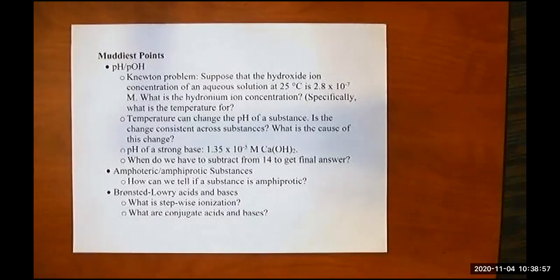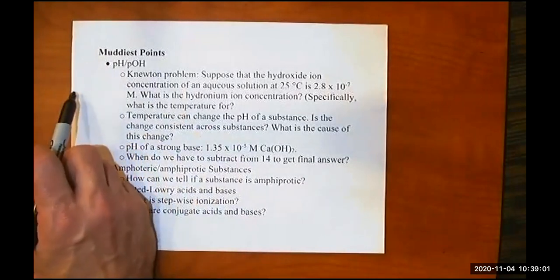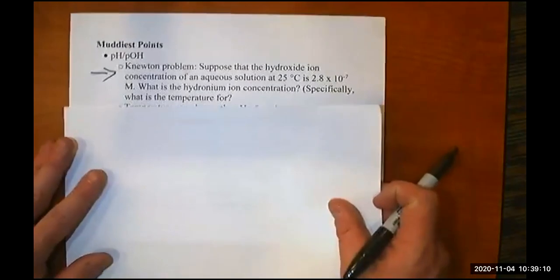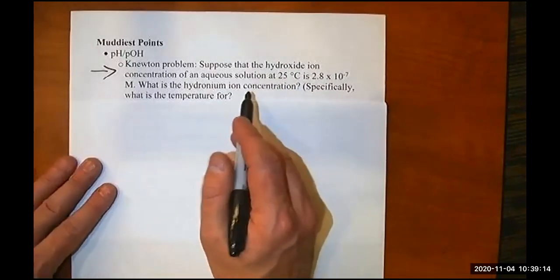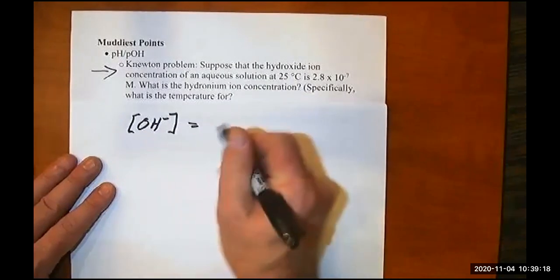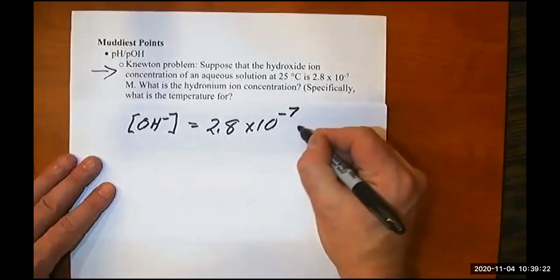A first question in the category of understanding pH and pOH is looking at how to do a calculation. This particular calculation gives you a concentration of the hydroxide ion. So let's write that down: 2.8 times 10 to the minus 7 molar.